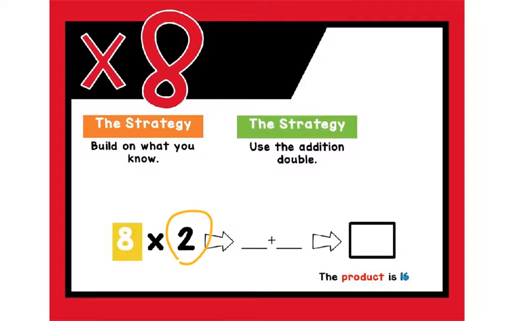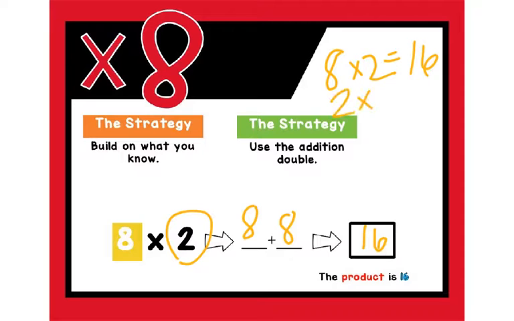I will need to use the addition double. So 8 times 2, that means I have 8, 2 times, which would give me 16. The product is 16. 8 times 2 equals 16. Also, 2 times 8 equals 16.